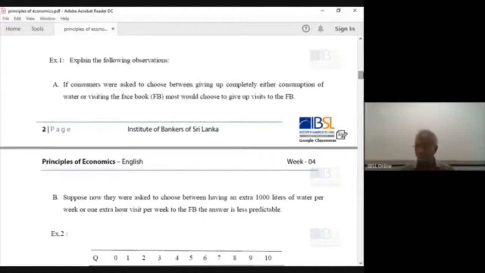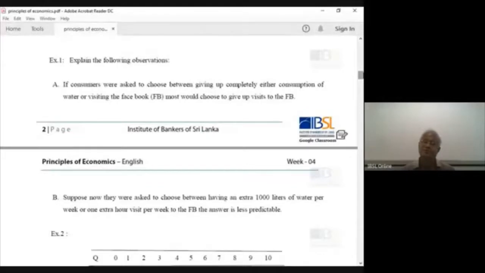But the second one is not clear. Why is that? It depends on the marginal utility of 1,000 liters of water and the marginal utility of the extra hour per week of FB. For some of you, the marginal utility of the last extra hour of FB may be higher than the marginal utility of 1,000 liters per week, so you will go for FB.